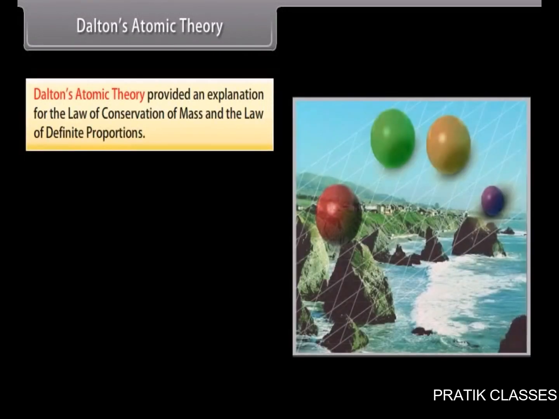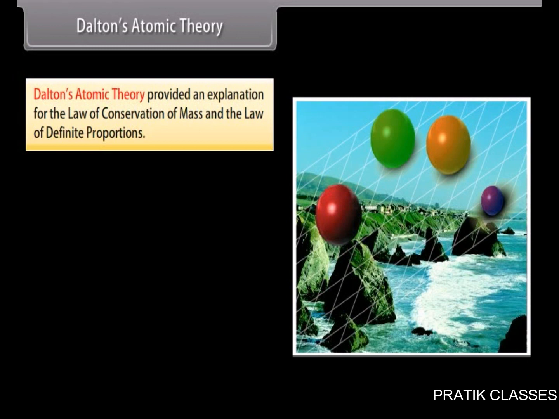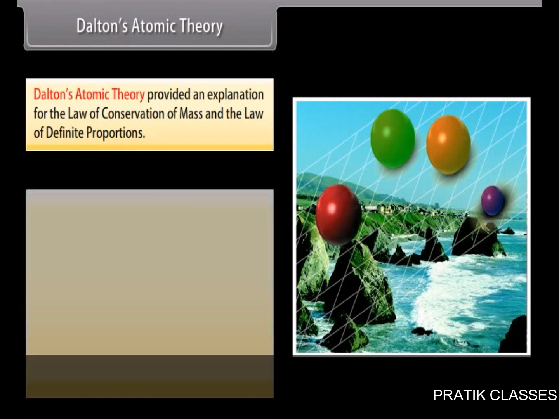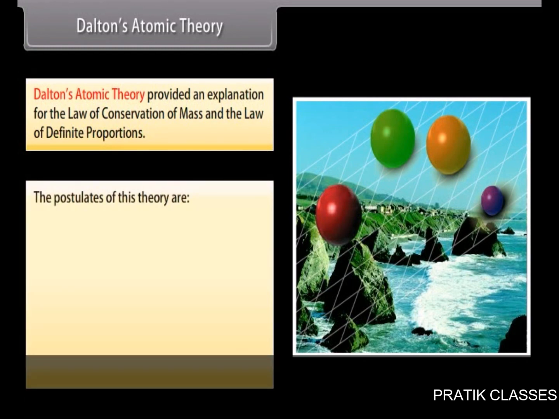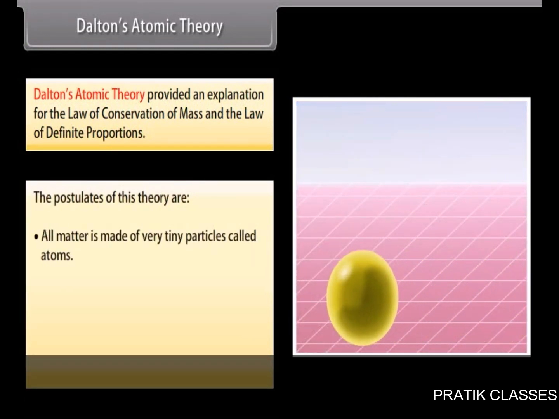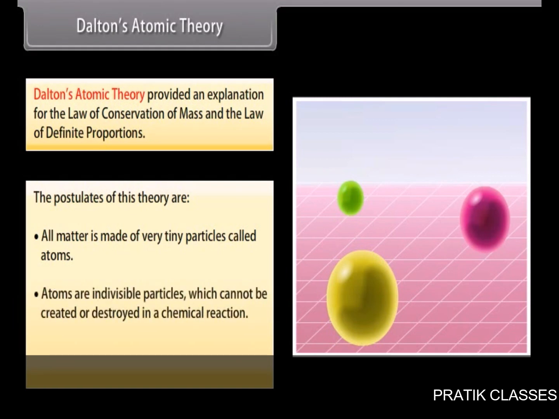Dalton's atomic theory. Dalton's atomic theory provided an explanation for the law of conservation of mass and the law of definite proportions. The postulates of this theory are: 1. All matter is made of very tiny particles called atoms. 2. Atoms are indivisible particles which cannot be created or destroyed in a chemical reaction. 3.